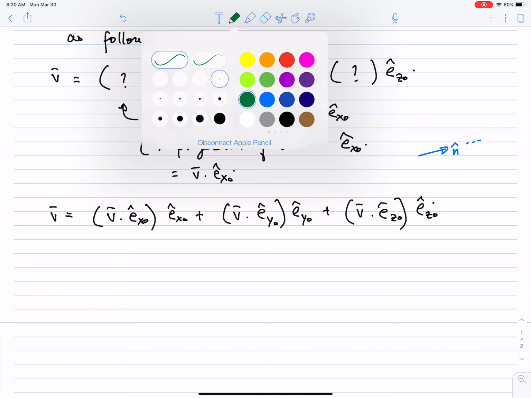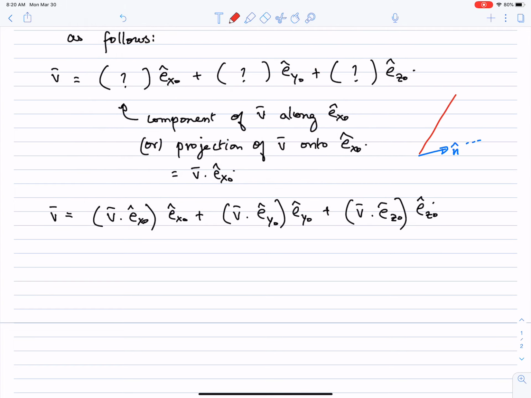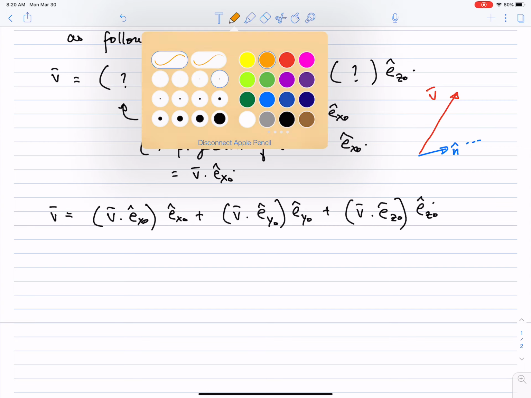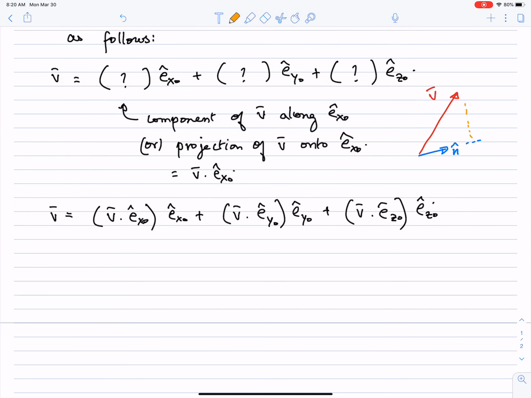So v is like so. The projection of v onto n, this quantity, is basically v dot n.